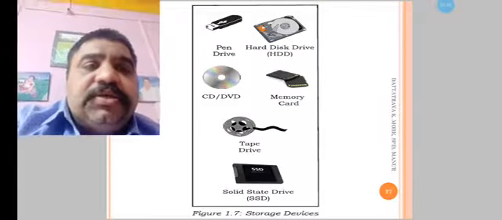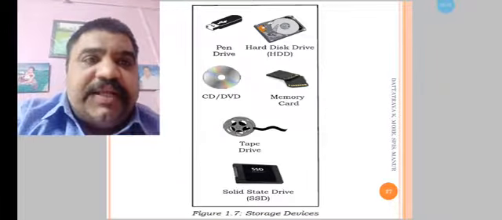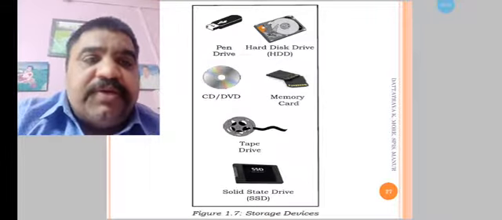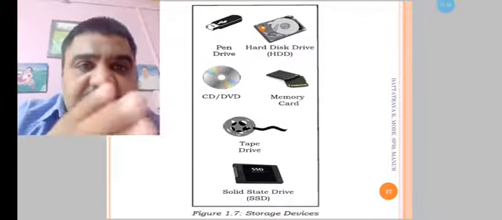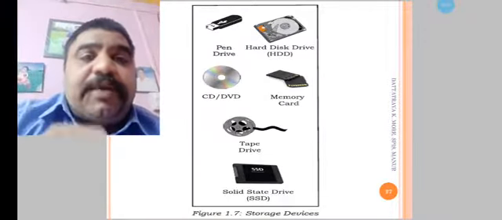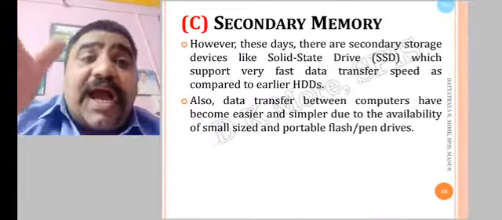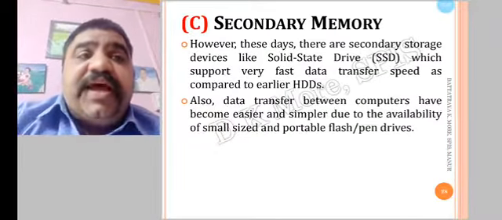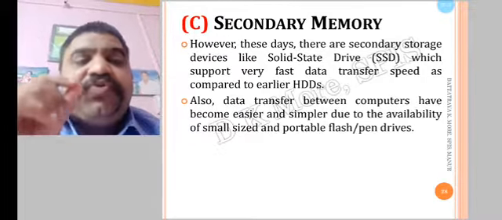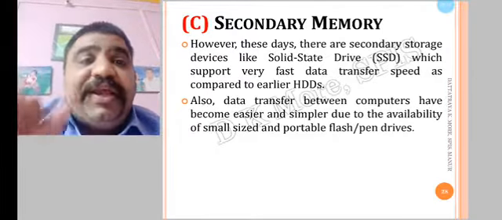Now these are the examples of your storage devices: pen drive, hard disk drive, HDD, then CD, DVD, memory cards, tape drives, and solid state drive, SSD, which I just told you. These are some examples of secondary storage devices. However, these days there are secondary storage devices like solid state drive, which supports very fast data transfer speed as compared to earlier HDDs.